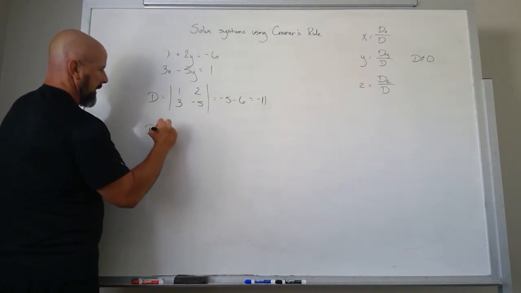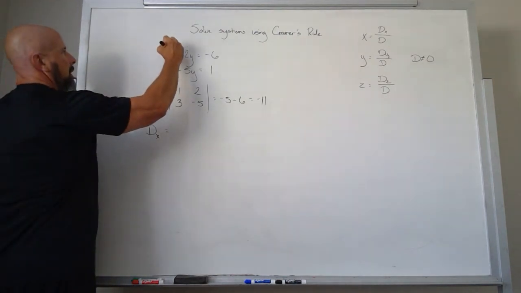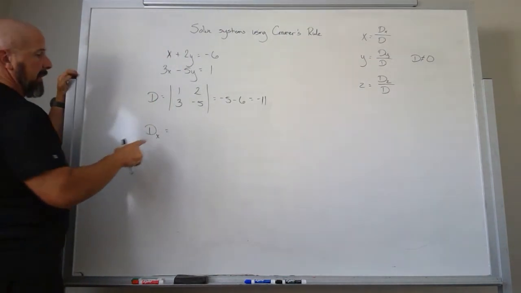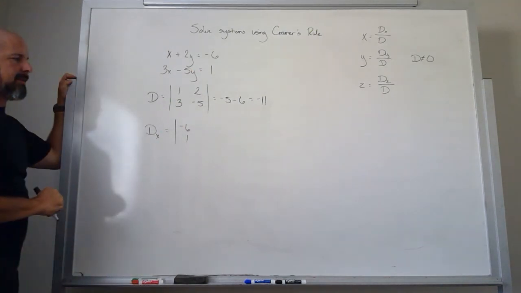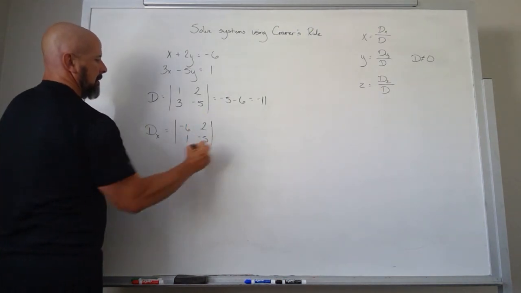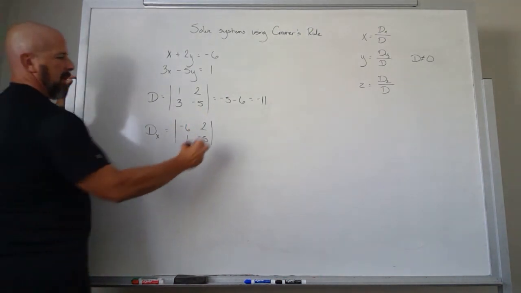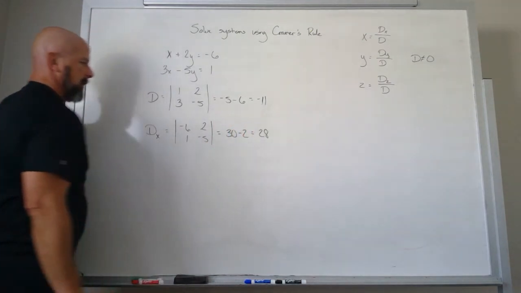D sub x. The answers replace the x column: negative 6, 1. The y column does not change. So now I would have 30 minus 2, which is 28.